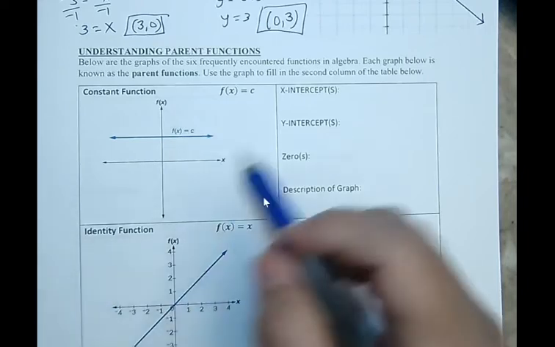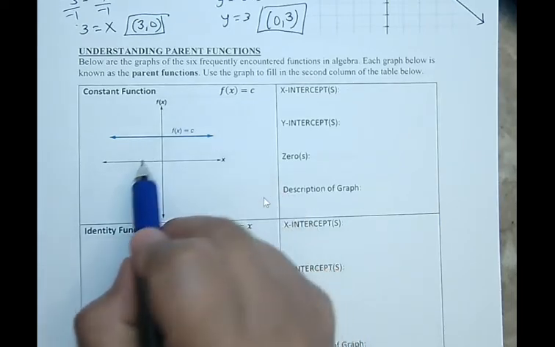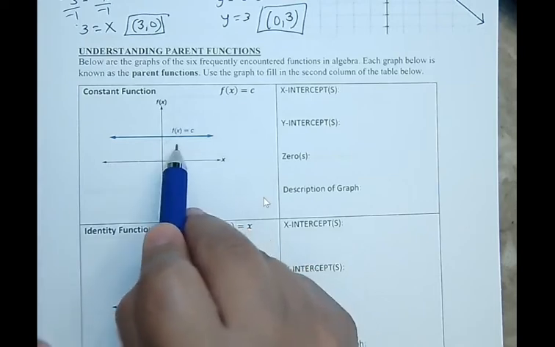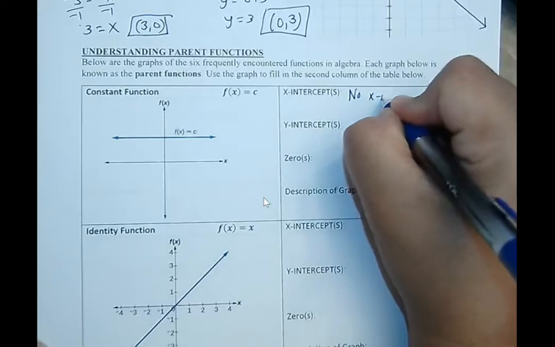So, for example, if we wanted to look at this line, we call it the constant line. And notice it's a horizontal line. What we're interested in doing is finding the x-intercepts. Here, the line does not cross the x-axis, so there's no x-intercept.